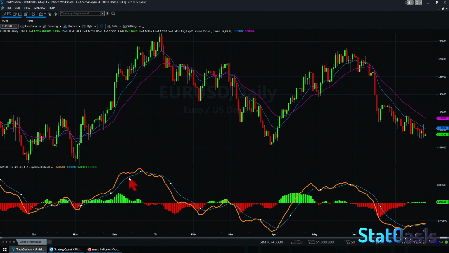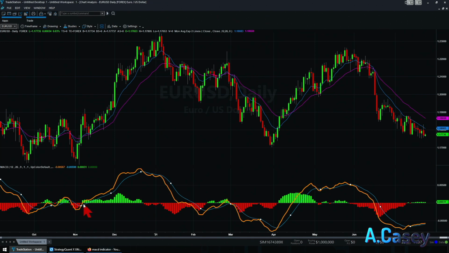Then we have the blue line, which is a smoothing average of this MACD. So this MACD, which is the difference between these two, we have this line, which is called the signal line, the 9 period moving average of this. So that's why you see it smoother while this is a little bit jagged. And the histogram is the difference between this MACD and its smoothing average.